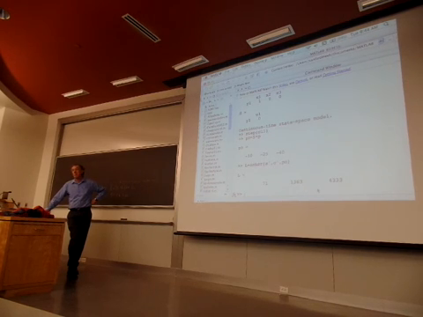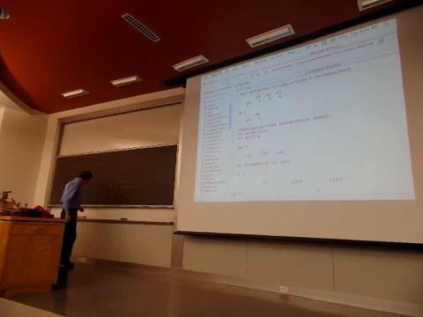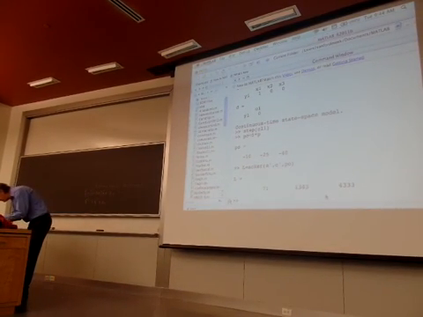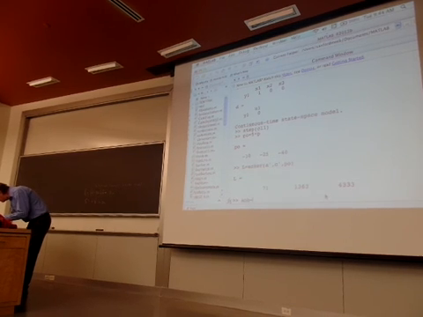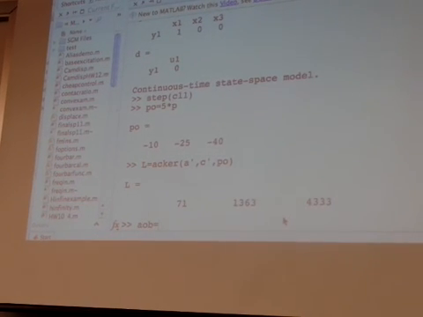Really the same thing. And we could check what would be the observer A matrix for this. Call that A observer. It will be equal to what? Remember that one?